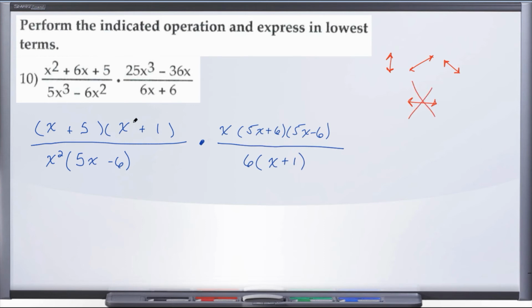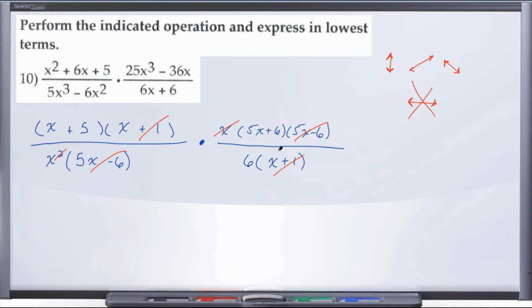But let's see here, x plus 1, well, that's diagonally, so we can cancel diagonally, so that's gone. We have a 5x minus 6, gone. We have a single x here, and that can cancel with one of our powers there, so that squared is gone on the bottom. And I think that's about all we can do.